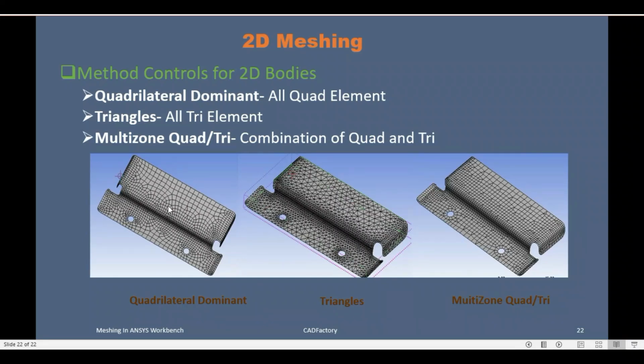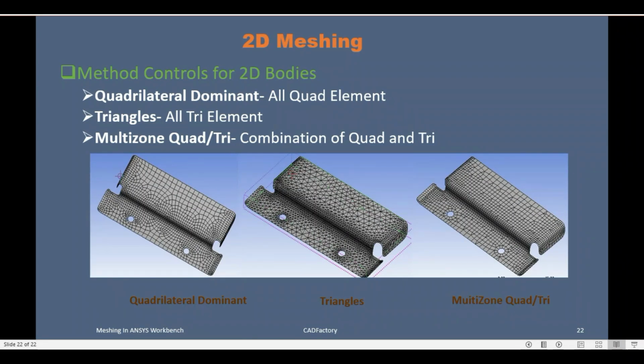Here this is only all quad elements, this is only all tri elements, and here is a combination of quad and tri elements. For quadrilateral elements we should have uniform geometry, and if there are features available on the geometry, then we have to clean the geometry first, then we can use the quadrilateral dominant method.